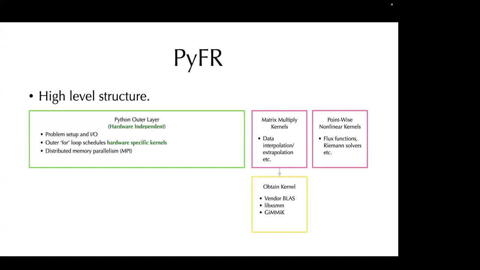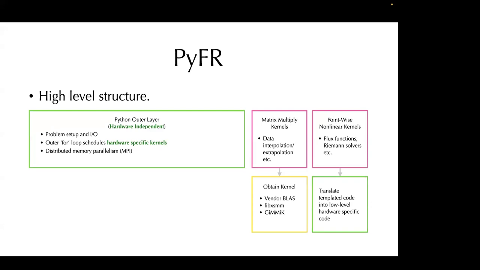For the matrix multiplication kernels, you can usually just pass them off to a vendor-provided linear algebra library, although we do have a few of our own libraries that we've written to specialize certain cases. These are libxsmm and GiMMiK, but fundamentally they're just slightly smarter ways of doing very specific types of matrix multiplication.